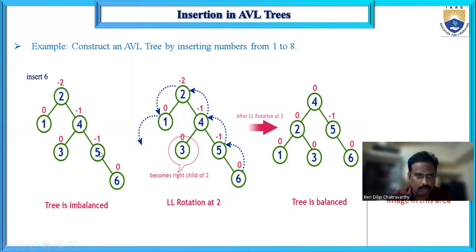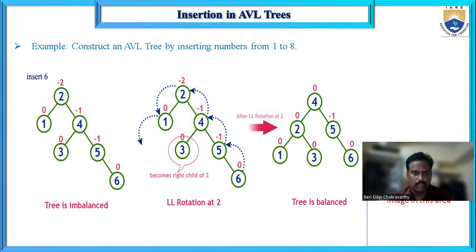Let us consider this one an LL rotation. So 4 comes here. For 4, the left child should be 2, and the right child of 2 should be 3. So we'll be getting it like this. I'm going to perform the rotation like that.